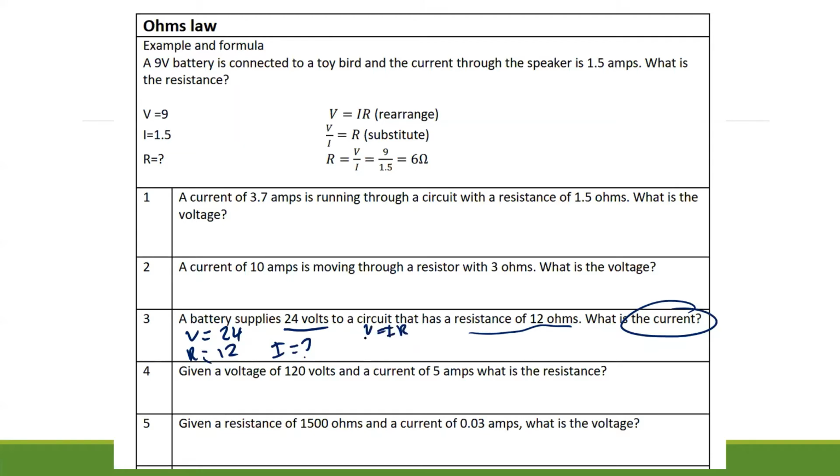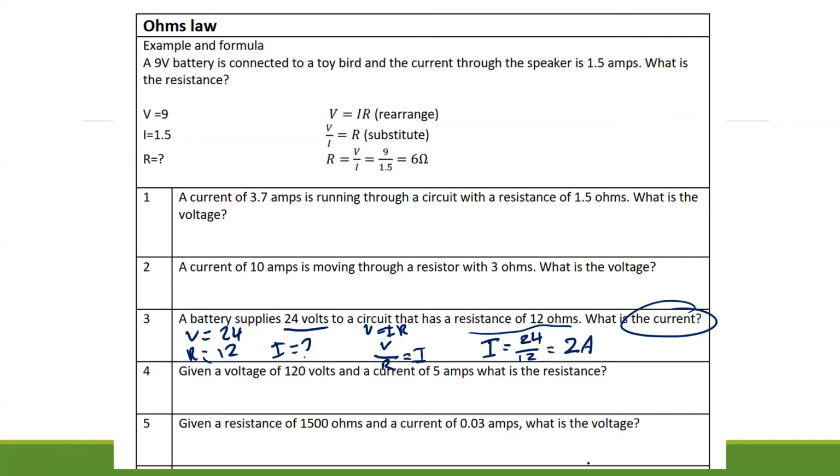Well, I don't want to know V. I want to know what I is. So I'm going to divide both sides by R, which gives me V divided by R equals I. What that means is the current is going to be the voltage, 24 volts, divided by the resistance, which is 12. 24 divided by 12 is 2. The answer is 2 amps.